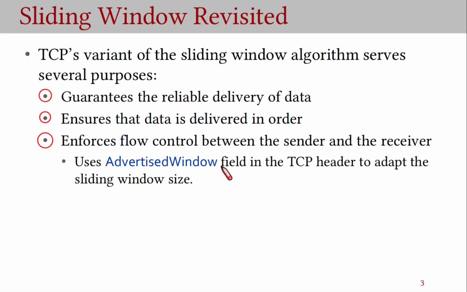So actually the receiver tells the sender how much unacknowledged data it can send. Another major difference between the sliding window that we discussed at that time and TCP's variant is that in the case of TCP, the behavior of the application is considered explicitly, as we will discuss in the next slides.